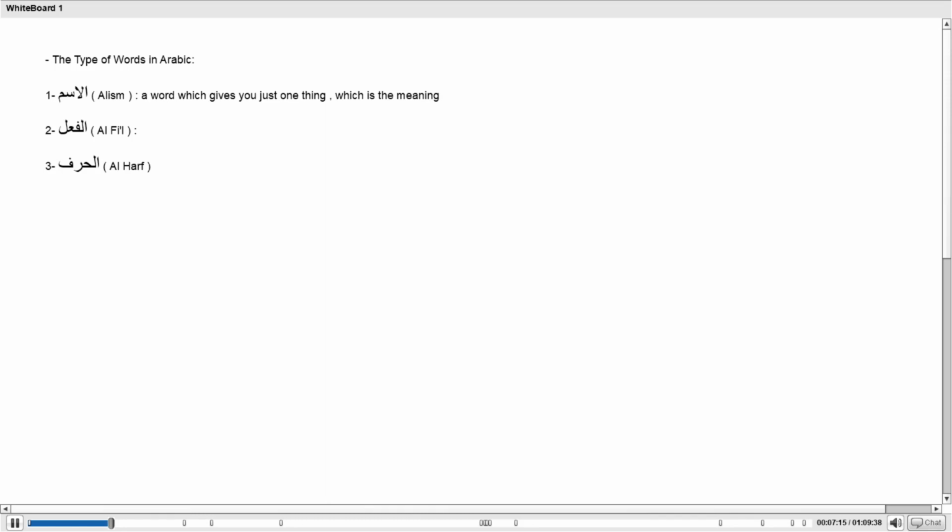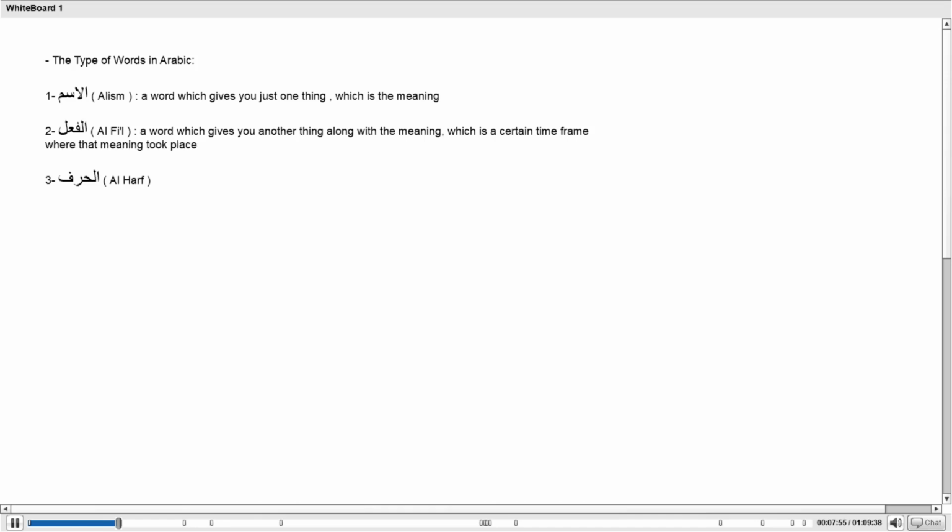Clear? Then you have al-fi'lu. Al-fi'lu is a word which gives you another thing along with the meaning, which is a certain time frame where that meaning took place.